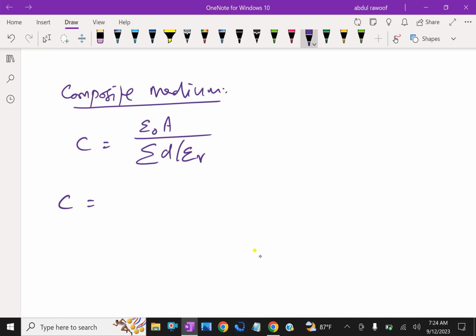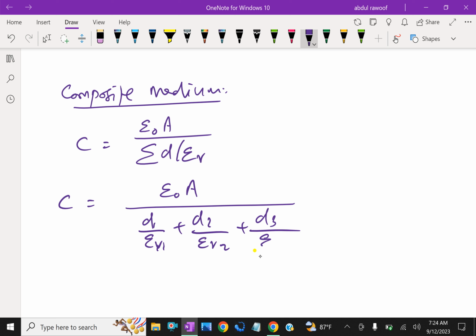So by expanding this, C equals epsilon 0 parallel plate area A over d1 over epsilon r1 for the first medium plus d2 over epsilon r2 for the second medium, plus d3 over epsilon r3 for the third medium, like it is. That means here overall capacitance of this composite medium is like here, where epsilon r1, epsilon r2, epsilon r3 are the relative permittivities of the different mediums.